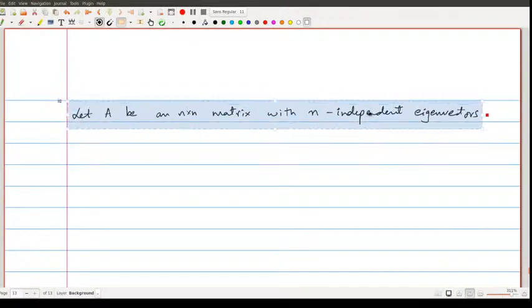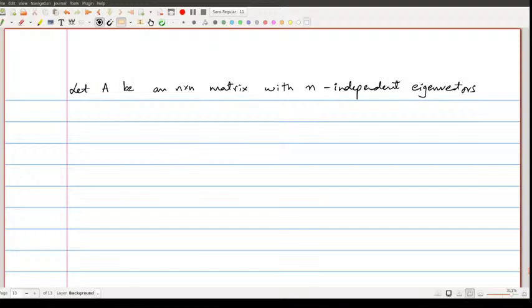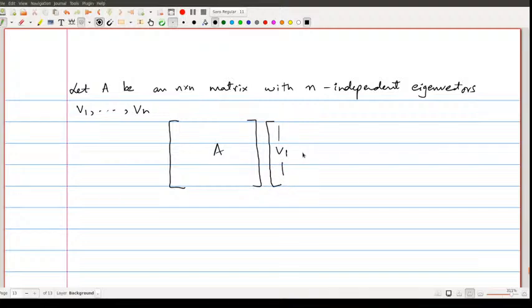So this is the general case. Let's say n independent eigenvectors, and let me name them V1 to Vn. These are the eigenvectors. If A is a matrix, I put A here, and I put the n eigenvectors like this: first column is V1, second column V2, dot, dot, dot, the last column, nth column, is Vn.